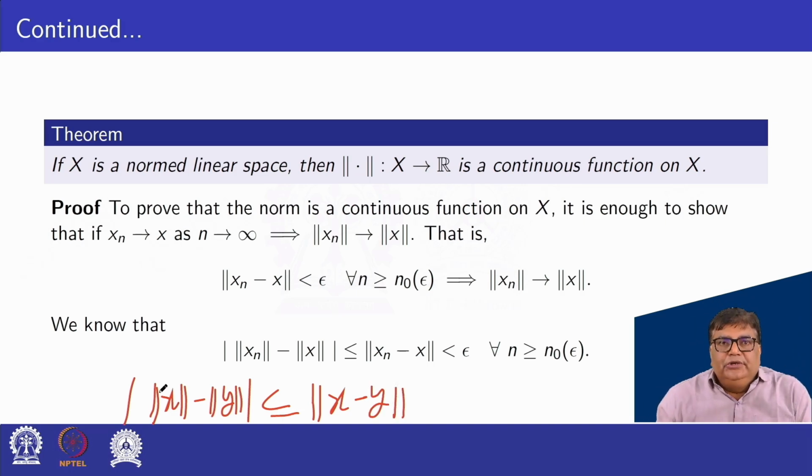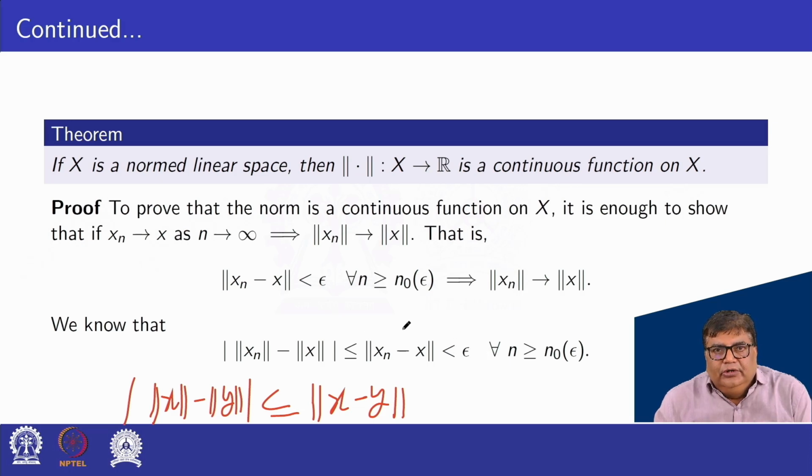Using this property we can write the modulus of norm xn minus norm x is less than or equal to norm xn minus x, and given that xn converges to the point x, this tends to 0.